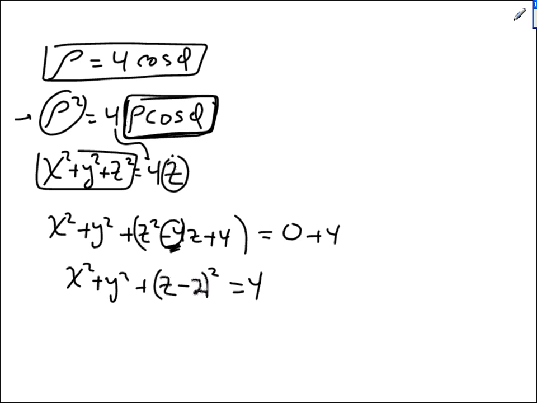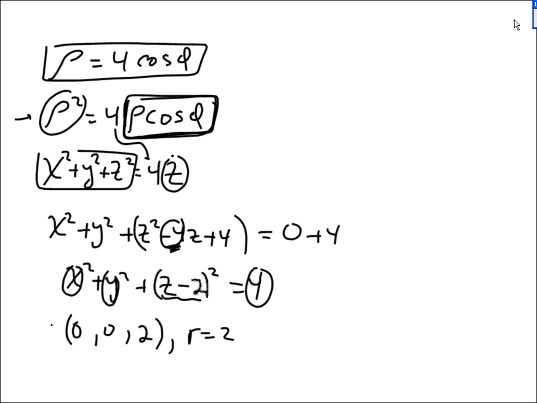This is the sphere that's centered at what makes this 0? 0. What makes this 0? 0. What makes this 0? 2. That's r squared, so r is 2. It's centered at 0, 0, 2, and the radius is 2. Okay, good luck with this.